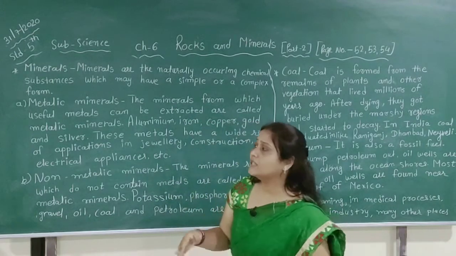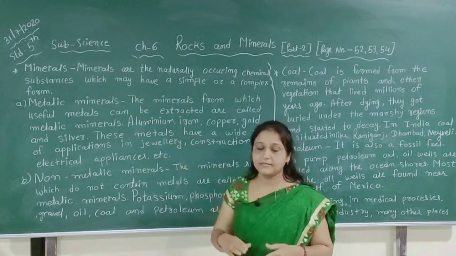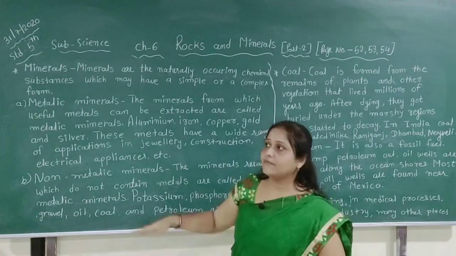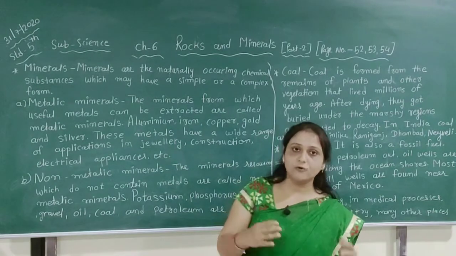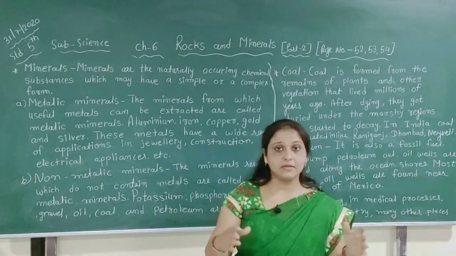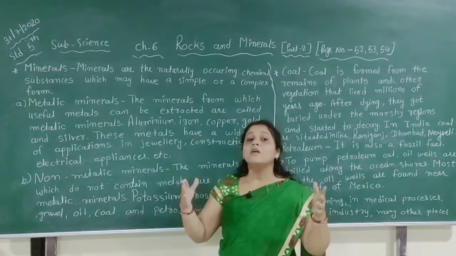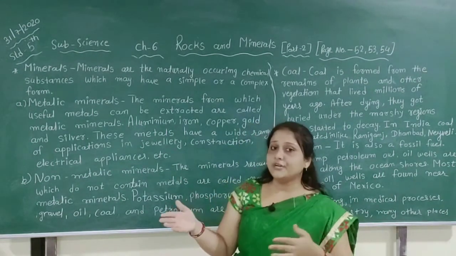So students, first we have discussed again the definition of mineral. In our previous session, at the start, we also discussed minerals. Then after, the other things about minerals and other types of rocks, and which type of rocks we use according to our purpose.